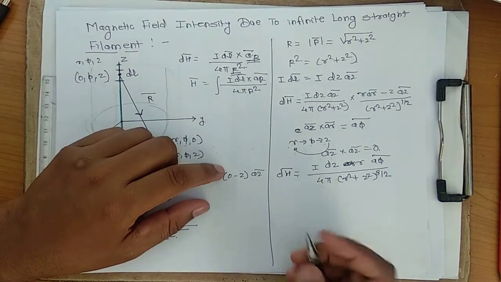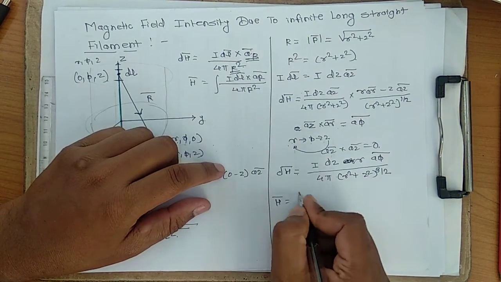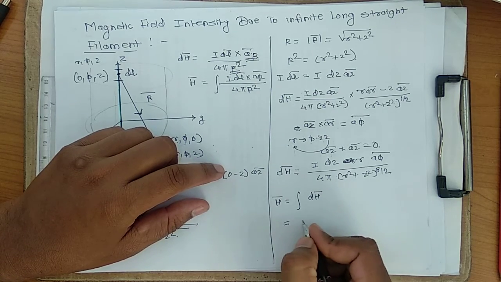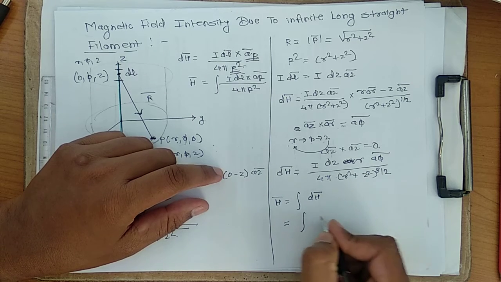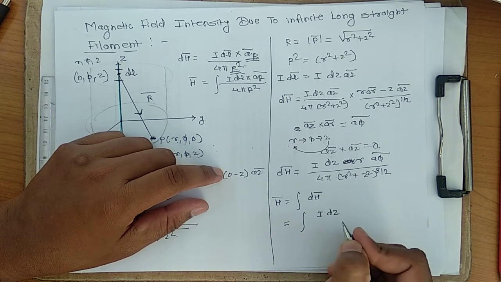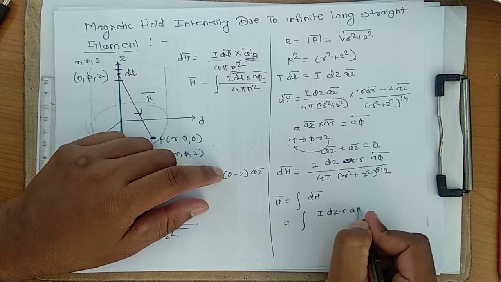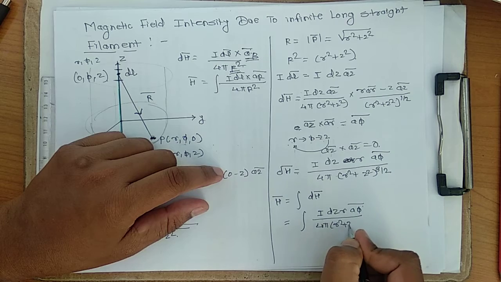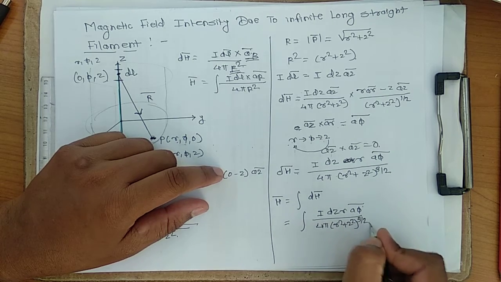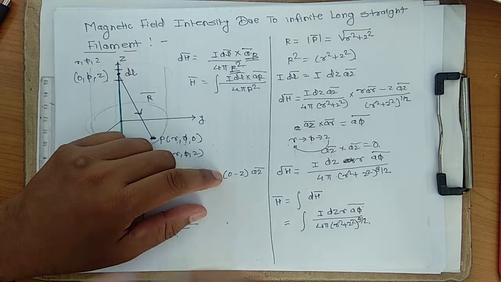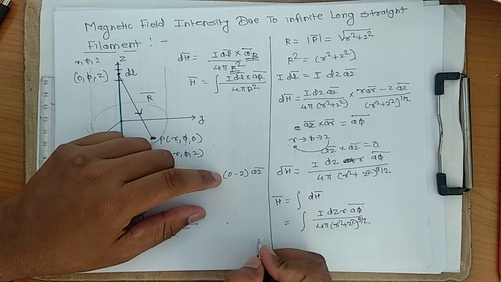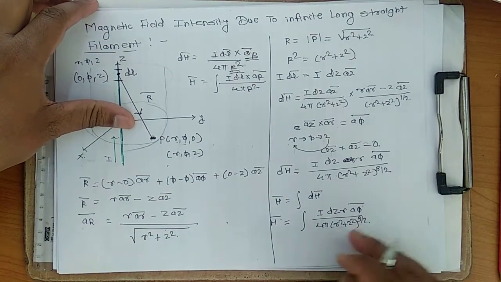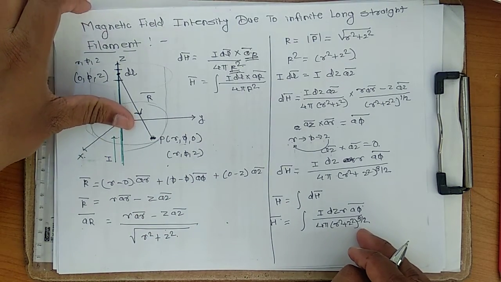So H̄ is equal to the integration of dH̄, which is the integration of I dz r Aφ̄ divided by 4π (r² + z²)^(3/2). So that is H̄. I hope you understand up to this.